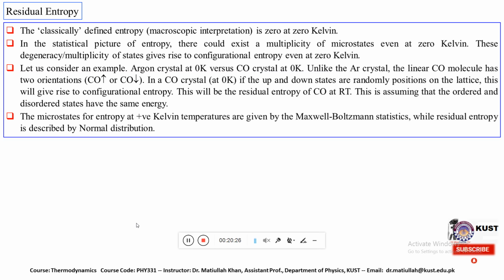This assumes that the ordered and disordered states have the same energy. So this is something about statistical mechanics in general.